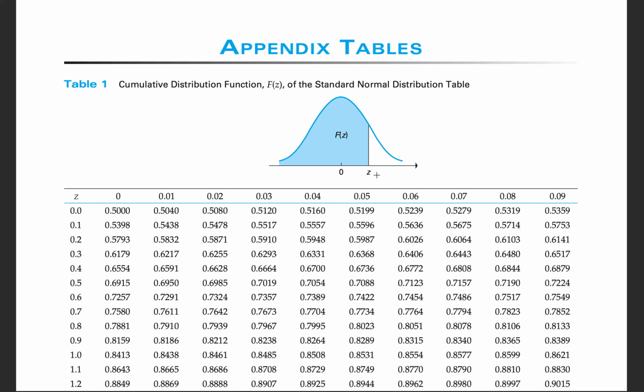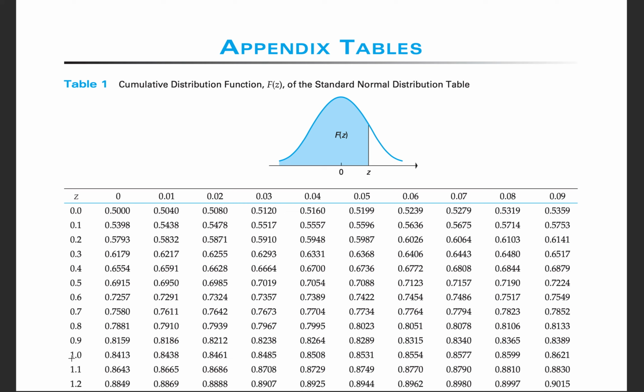We wanted 1.00 as our z, so we look here, 1, where is 1? 1.0, and the second decimal is also 0. So these columns here, they show the second decimal of our z value. This is the first decimal.